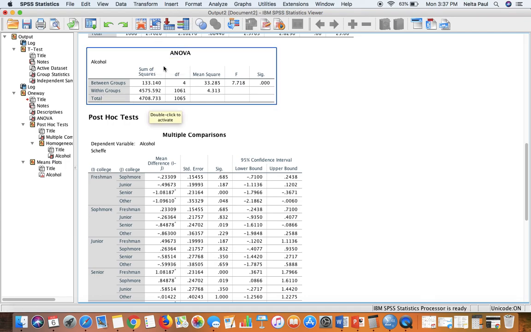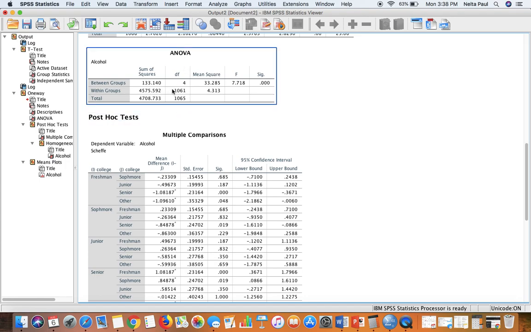Then we have our sum of squares, degrees of freedom. Degrees of freedom between groups, that's formulaically k minus 1, or the number of groups minus 1. So I know I have 5 groups because it says 4, right? And again, we went through it: freshman, sophomore, junior, senior, and other. Those were our 5.